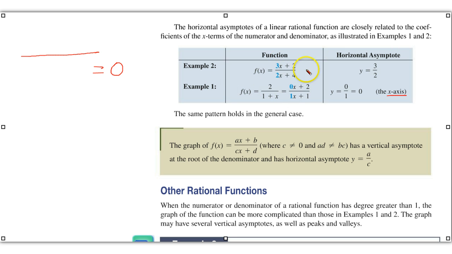So a good little rule, you want to be sure to include this in your notes. In a formal way, AX over CX, so the ratio of A over C would be the horizontal asymptote.